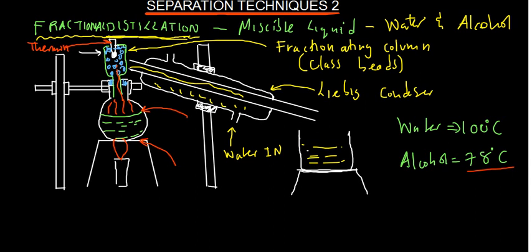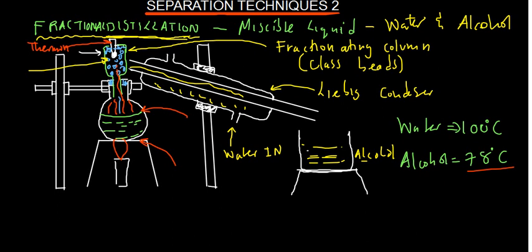So what we are going to collect first is what? Alcohol. So when you collect the alcohol, all the alcohol has moved. You now remove, okay, we are going to remove this beaker containing this alcohol. Now, what's the function of the glass beads inside here? Because when the alcohol is evaporating, they are also going to take some water.